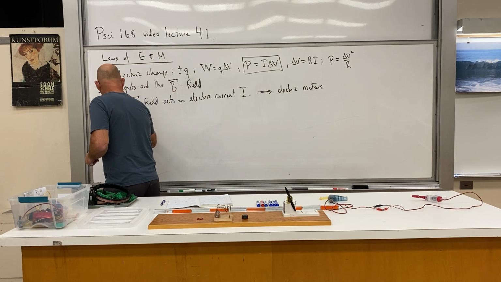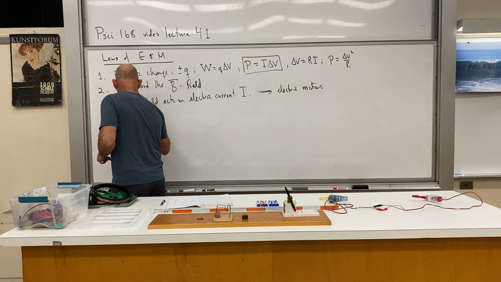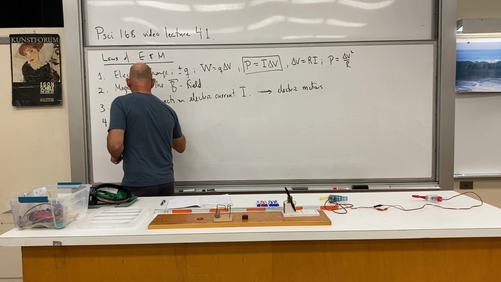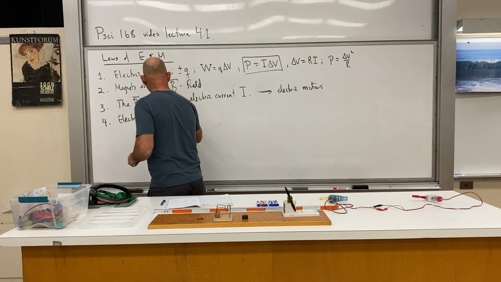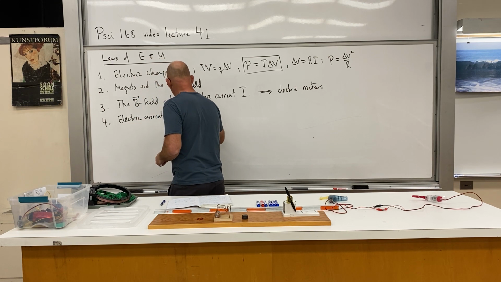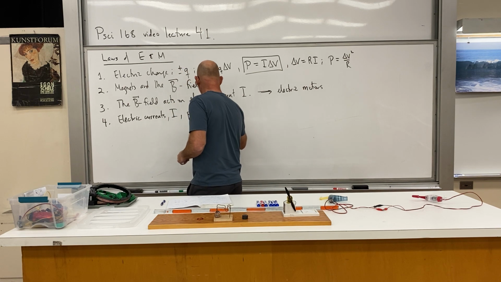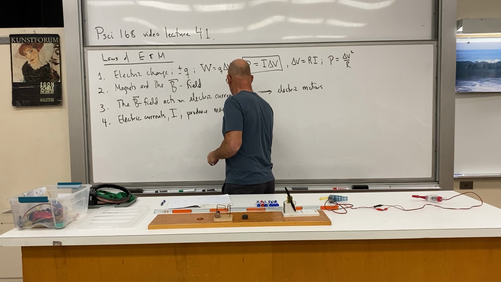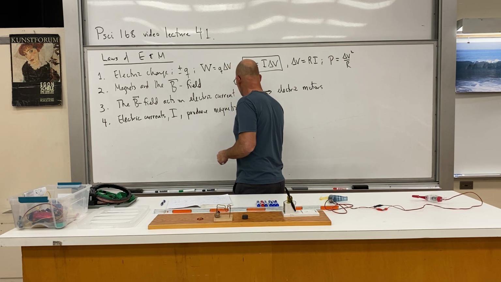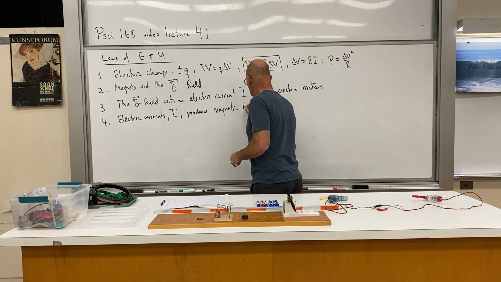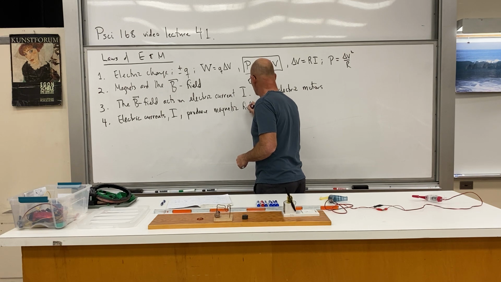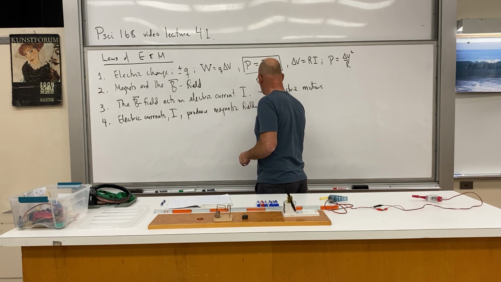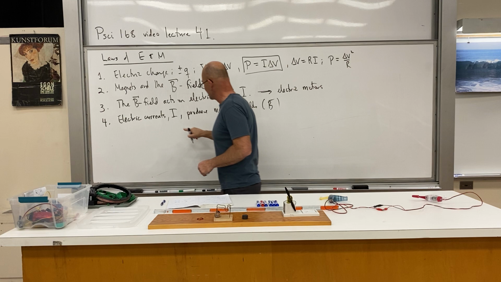So electric currents I produce magnetic fields B. I'll put them in parentheses.